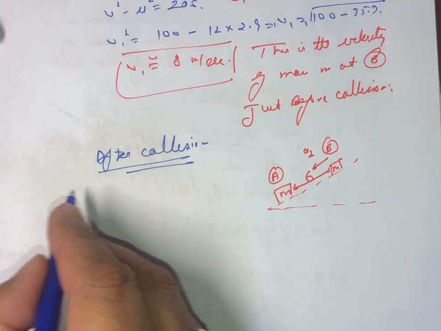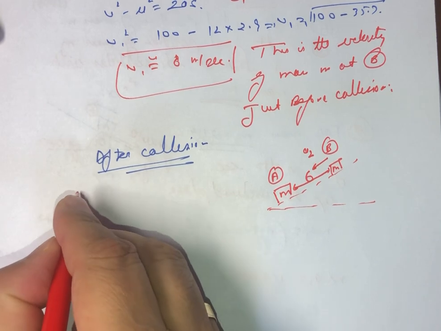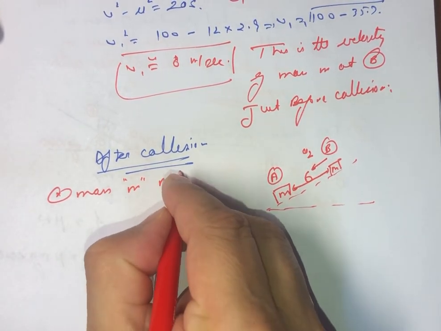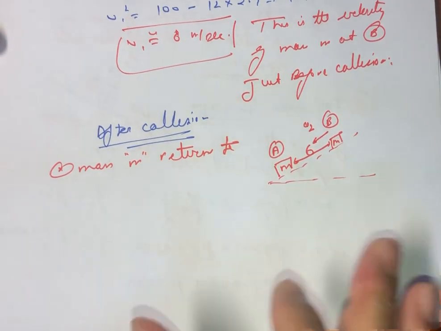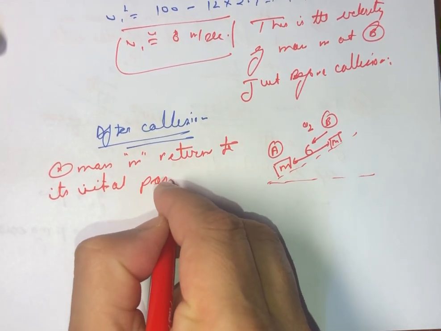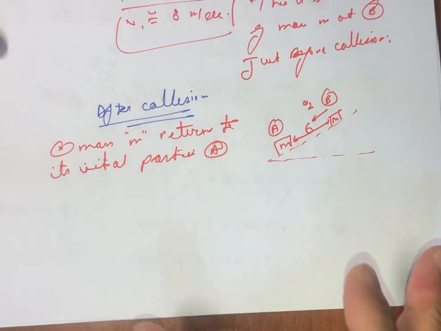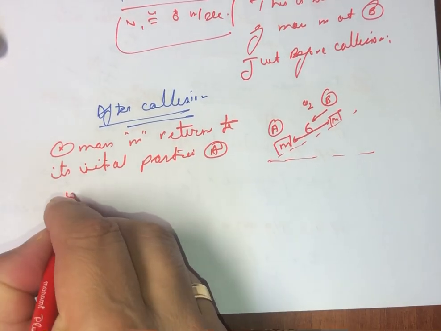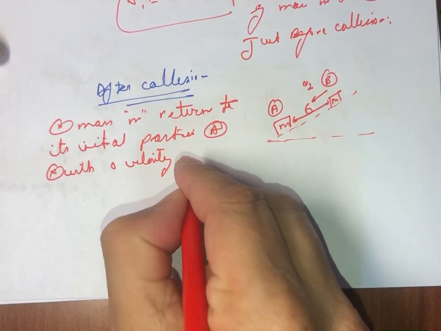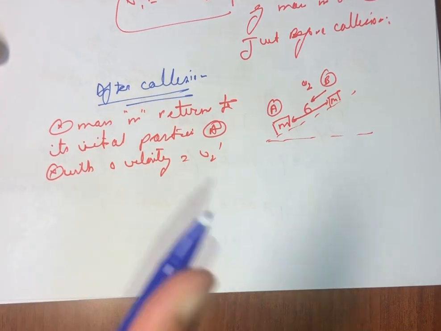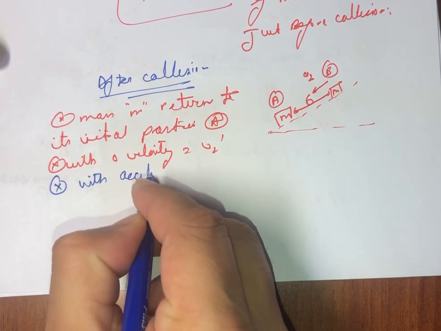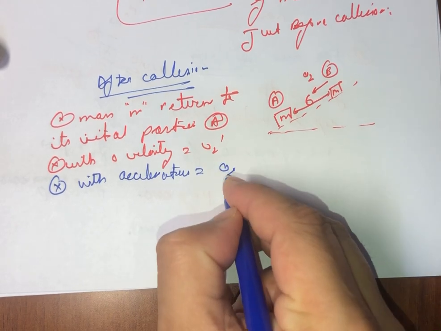So after collision, mass m returns to its initial position A with a velocity, let us suppose, given as v2 prime, and with the acceleration A2.